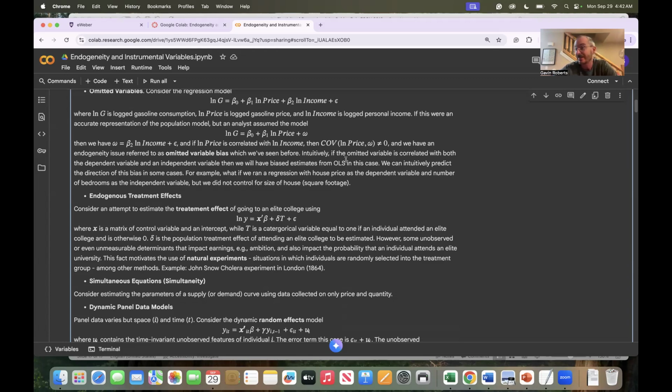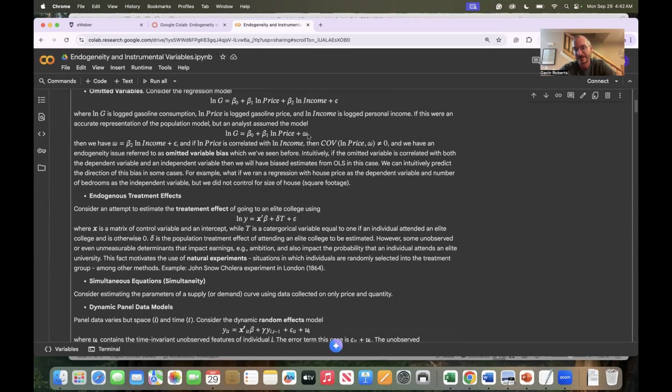And then we can see immediately that if that's the case, then the natural log of price and omega, the error term in this population assumed regression, are not zero. So make sure you understand that if we replace this all with just omega, and if natural log of price and natural log of income are correlated, then in this regression, natural log of price is correlated with omega.